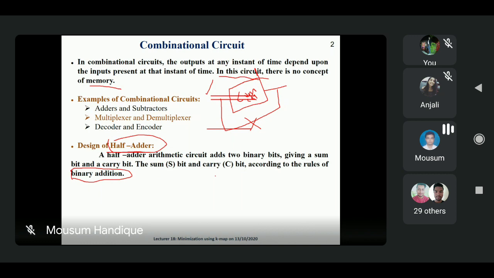Suppose, how can we draw the truth table of the half adder? This one is the inputs and this one is the output.